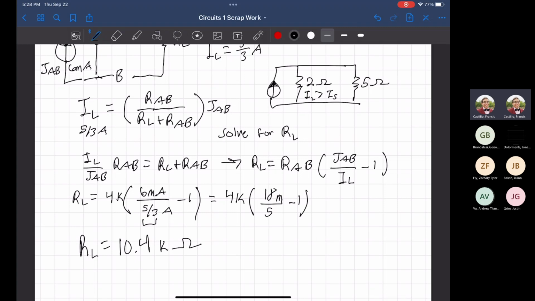You should know what units will be expected. In this case, we're working in kilo ohms, so we're most likely going to expect our results to be in kilo ohms. I made a mistake when I put it into my calculator and tried carrying out some units. Just be careful when plugging into the calculator, but this is our final value here, 10.4 kilo ohms.